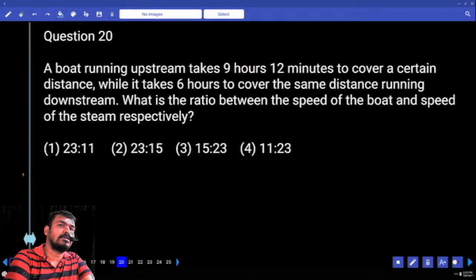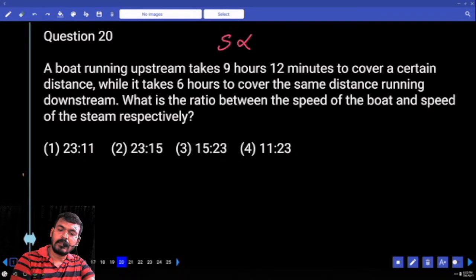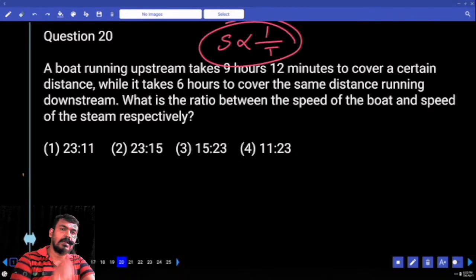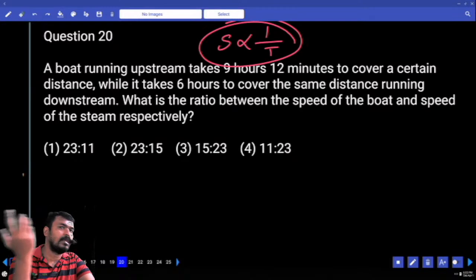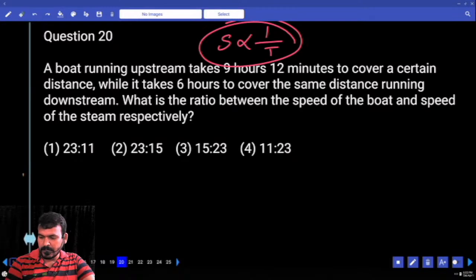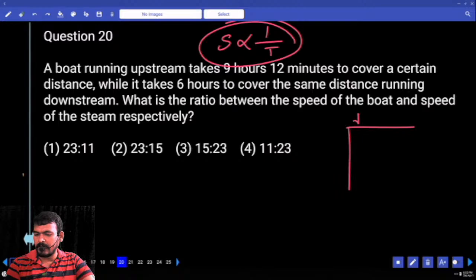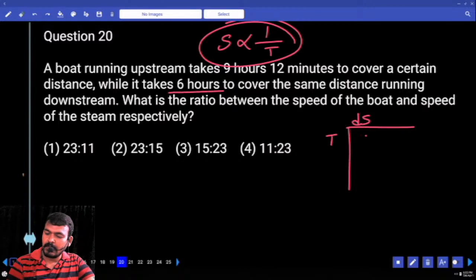When distance is constant, speed and time are inversely proportional. Downstream time is 6 hours.